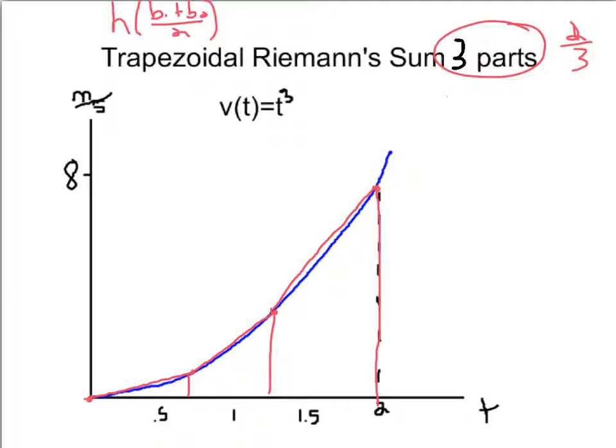So to set this problem up, we just add the 3 areas of these trapezoids. I know we said that it's height times the average of the two bases, but these trapezoids are technically standing on their heights, right? So the heights are 2/3 apiece on every single one.